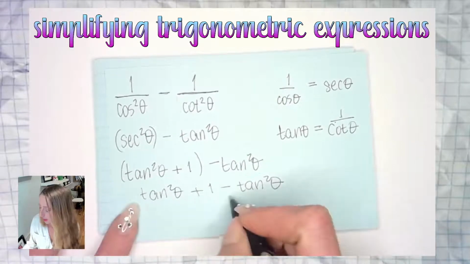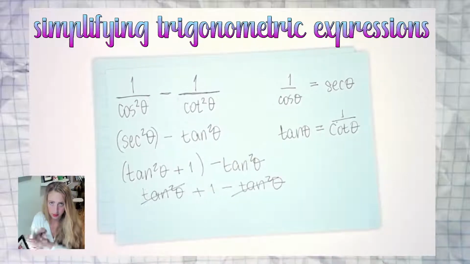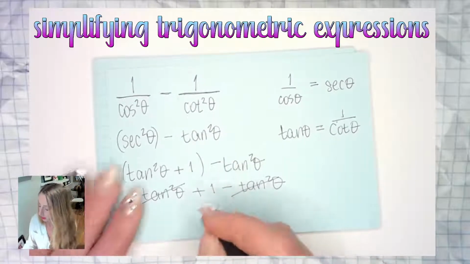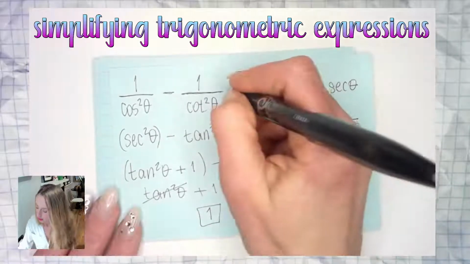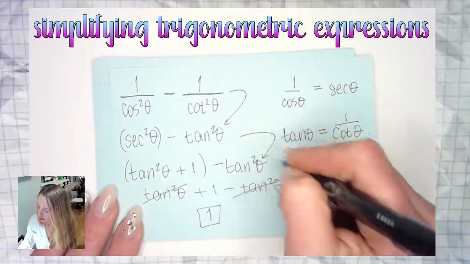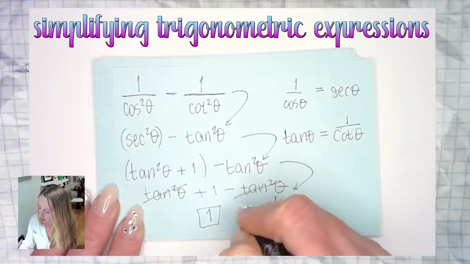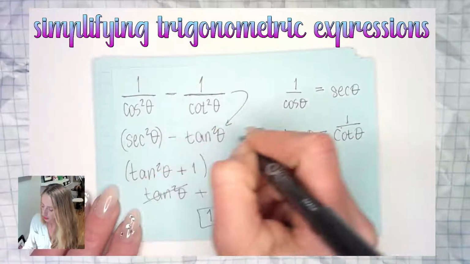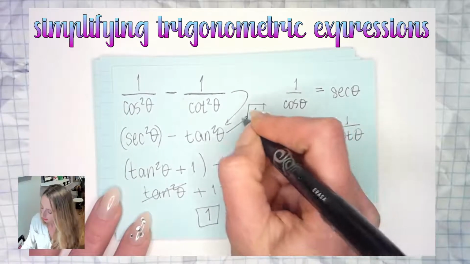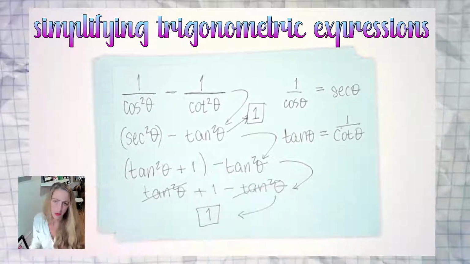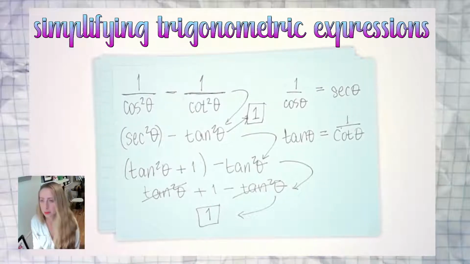But tan squared theta minus tan squared theta cancels out, turns to 0, and final conclusion is 1. So this turned into this, which I turned into this, turned into that. Could I have gone from this immediately to 1? Sure. But in case you have some beef with rearranging Pythagorean identities, then do it this way.